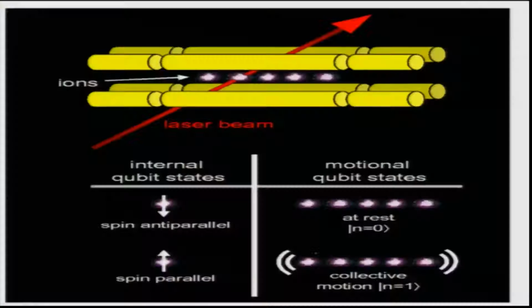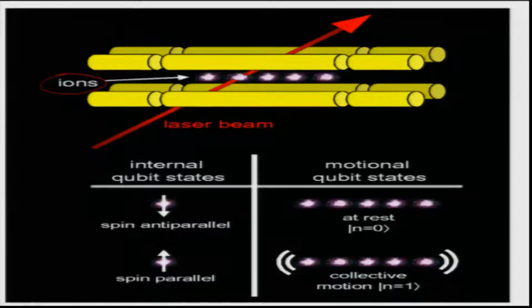The other area where a lot of effort has gone in is trapped ions, where you set the ions inside a cavity in such a way that they become individually addressable.